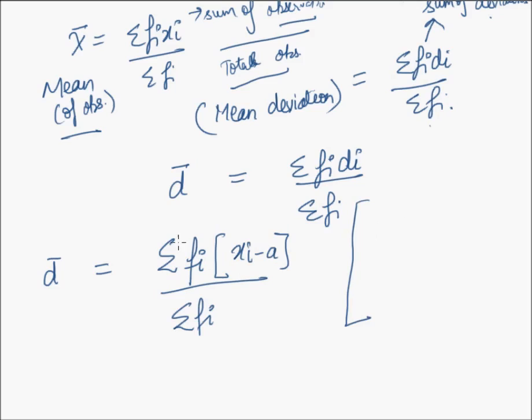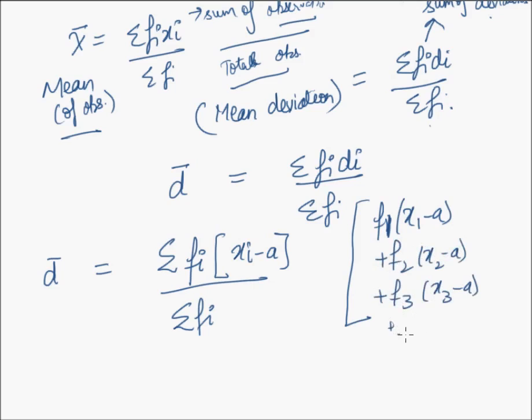Now friends, what is this term? This is product of frequency, say frequency 1 with this deviation plus frequency 2 with this deviation plus frequency 3 and so on.